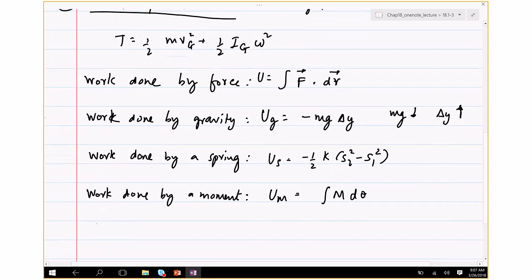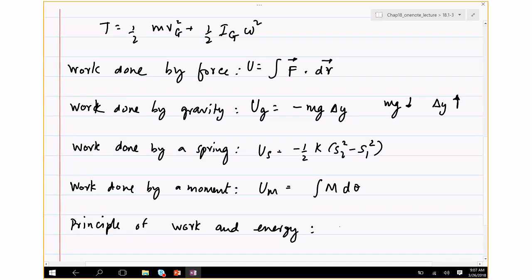So the same principle holds true: the principle of work and energy, which states that T1 plus the work done equals T2. T1 is the initial kinetic energy, plus the work done, equals the final kinetic energy.